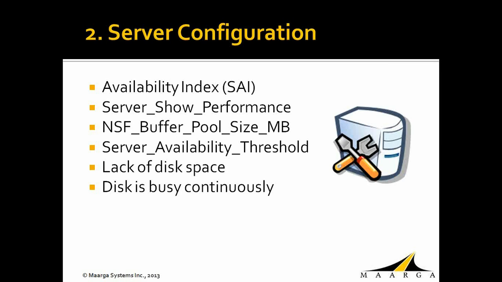There is something called a server availability threshold, which indicates that if the server crosses 60% utilization, the server shows up as busy. So if the server is 1 out of 10 servers that form a cluster together, the server availability threshold is that percentage of utilization that indicates that the server is busy.